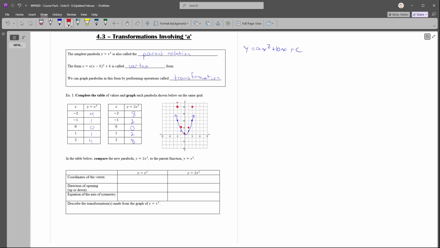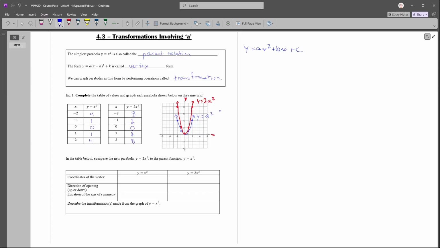Now let's graph this one. Just like always, we have to label our curve or label our entire graph. So our second one is y is equal to 2x squared. And our first one is y is equal to x squared, the parent relation.